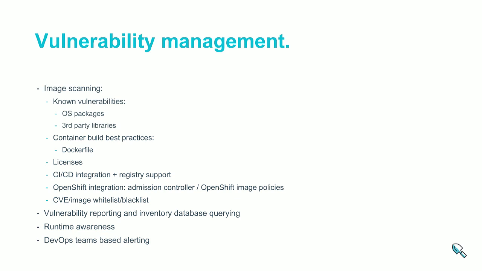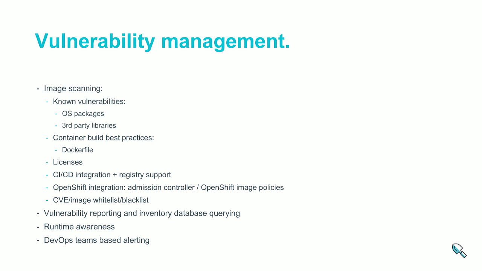How can I query this huge inventory database with all the vulnerabilities and understand what my status was at a point in time? How can I bring runtime awareness into the vulnerability management workflow? And how can DevOps teams implement alerting for image scanning?